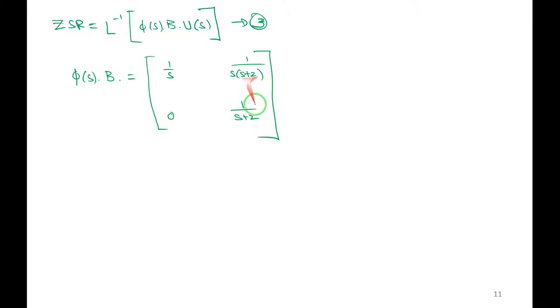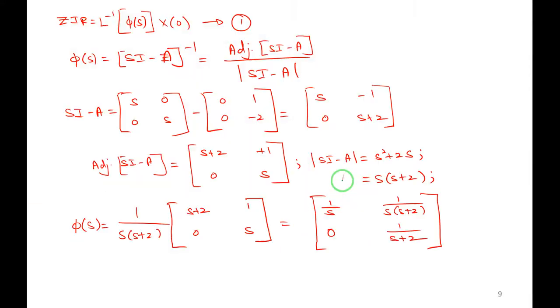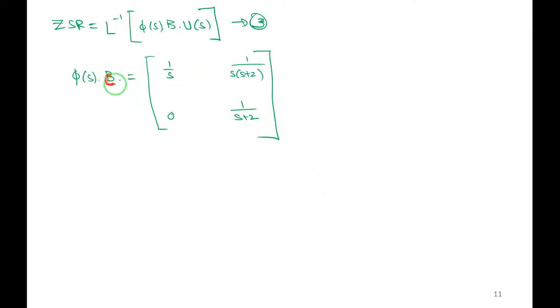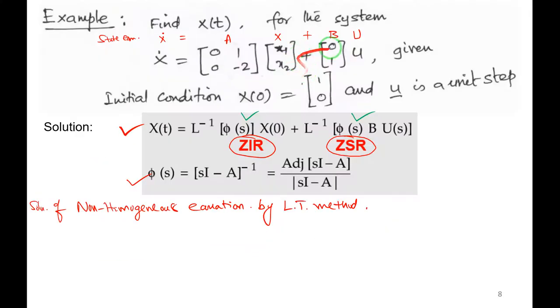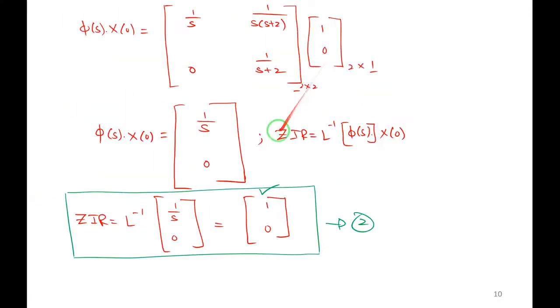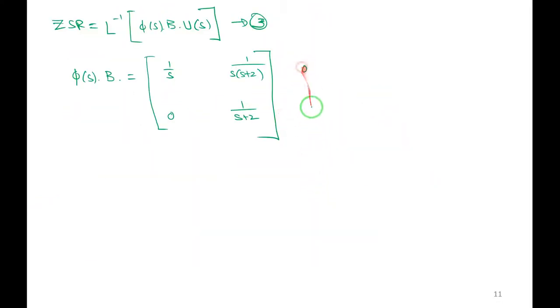It's correct, I think, right? Yes. Next, I want matrix B. What is matrix B? Matrix B is [0 1], that's all. So this is of the order 2 cross 2, and this is 2 rows and only 1 column. So I'll be getting a 2 cross 1 matrix next, right? So let me write here what I am getting.